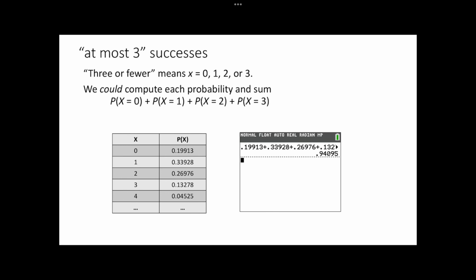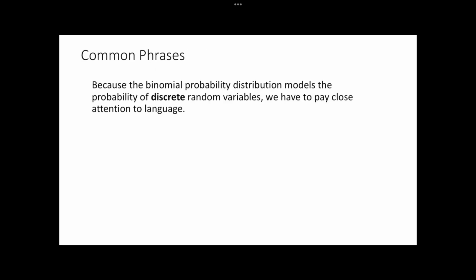So here you have the probability distribution for this binomial distribution displayed in a table on the left side of your screen. And you can see the probabilities that x is 0, 1, 2, or 3. And if we add those up together, you can see that we get the same answer that we got from the calculator on the last slide.